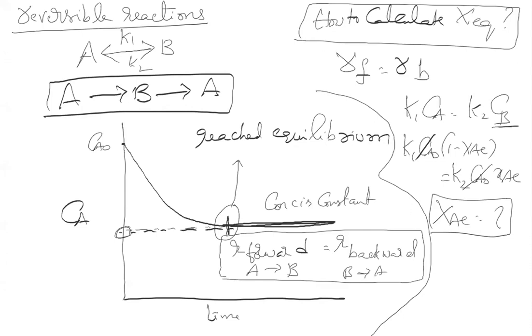Because CB is nothing but how much amount of A converted, and the amount of A converted is Ca naught into XA.